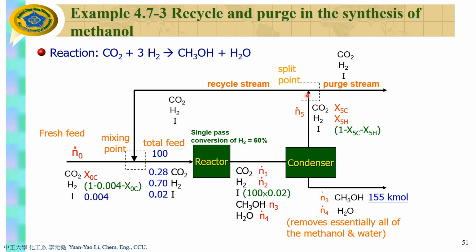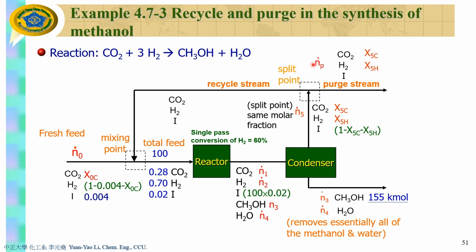The reason you want to do this is because this is a splitting point. The fraction will be the same, so you will reduce the unknowns for this process. Because if the fraction of the N5 stream is X5C, then the other one will be X5C as well. So a split point has the same molar fraction, and you can write down the same one.